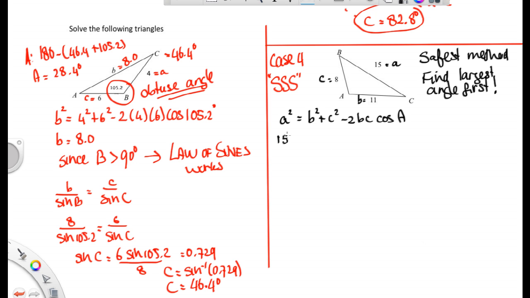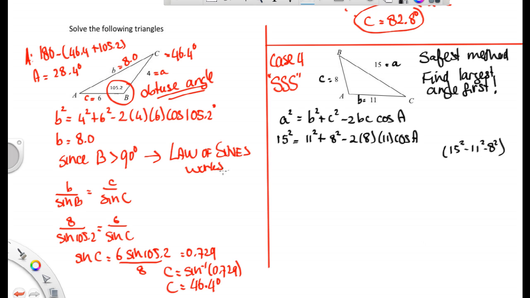So 15 squared, B 11 squared, plus C 8 squared minus 2 times 8 times 11 times the cosine of A. So now on the calculator, I'm going to do 15 squared minus 11 squared minus 8 squared.